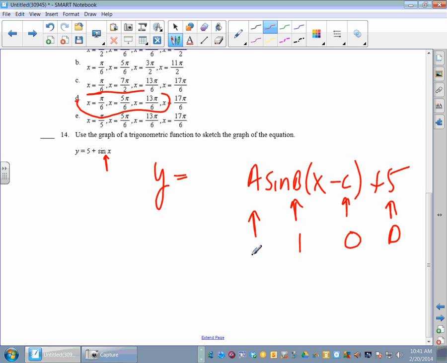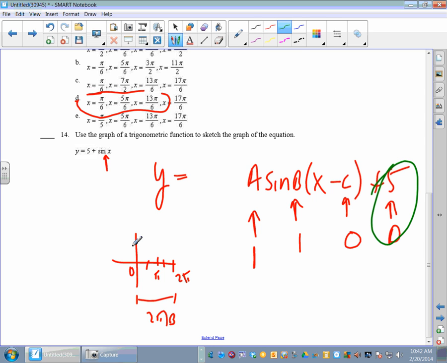And A is 1. So we'll start at 0. 2 pi over B. So I'm going to end at 2 pi. And here. All right, so what's D to the graph? Moves it up, right?